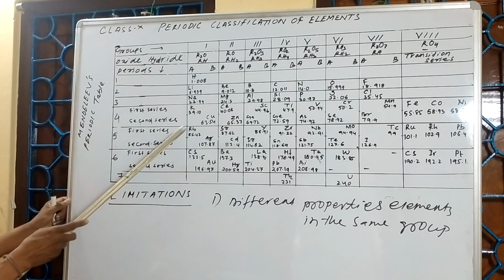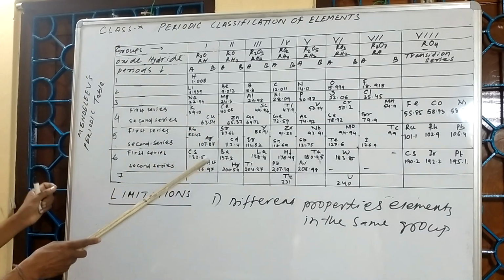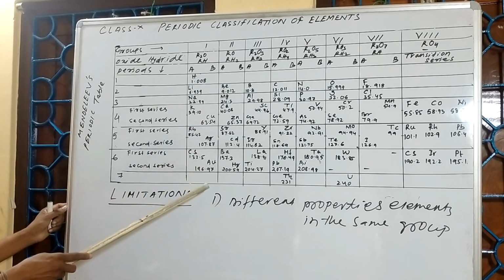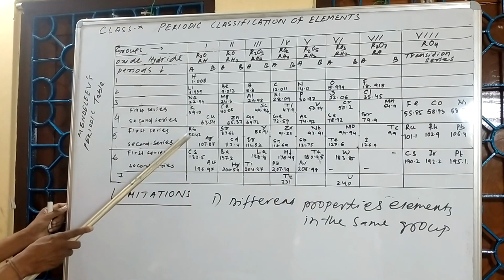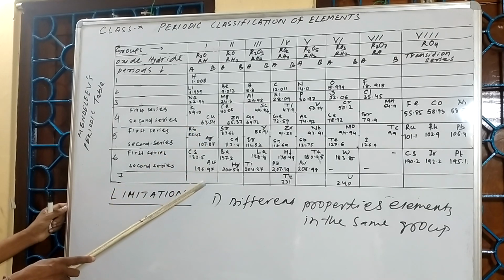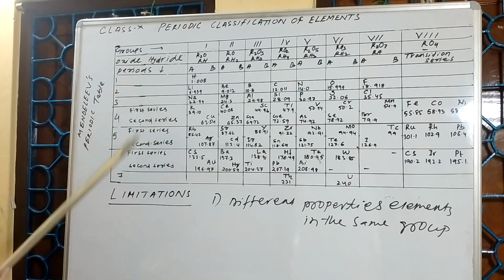Whereas copper, silver, gold, these three also have similar properties. But the properties of coinage metals are different from lithium, sodium, rubidium, cesium.